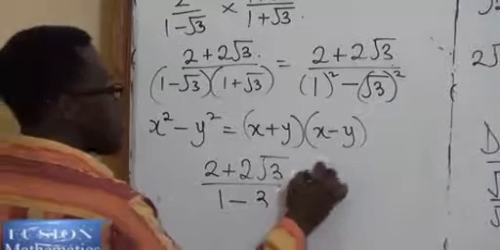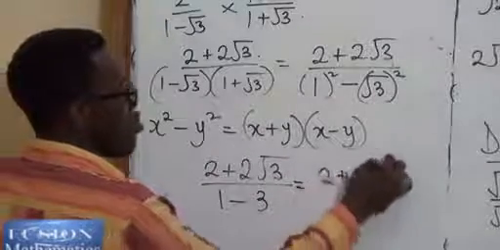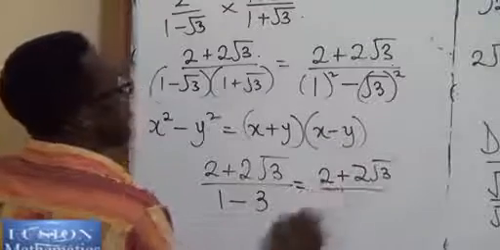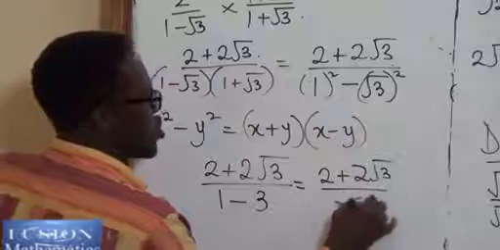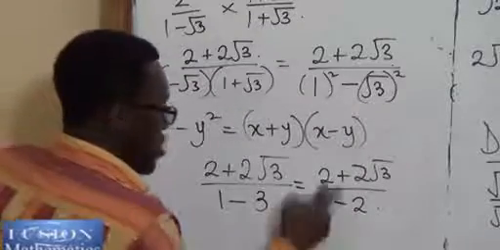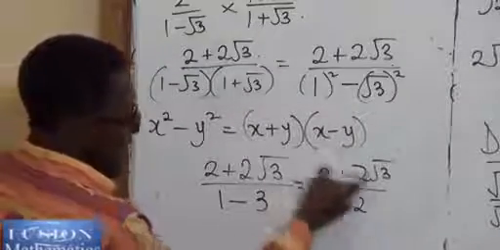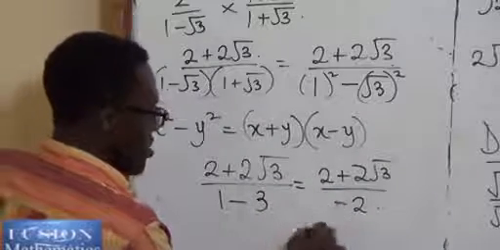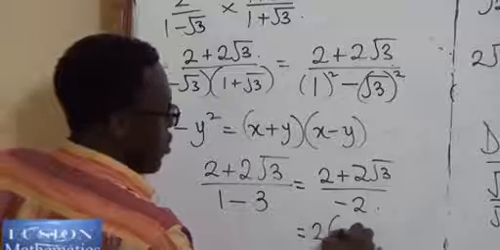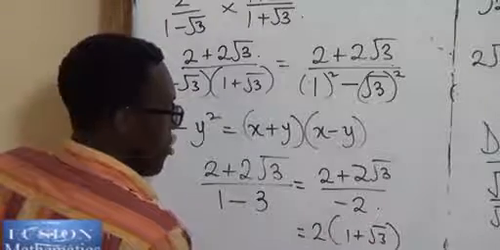So this will give us 2 plus 2 root 3 over (1 minus 3), which is what? Minus 2. So we can see that we have some common factors here, so we can bring out 2 again. So this is 1 plus root 3 all over minus 2.